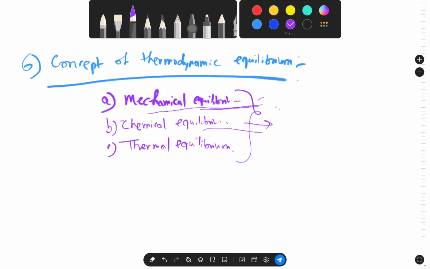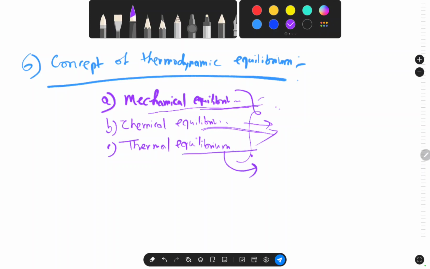In thermal equilibrium, the system exists in chemical and mechanical equilibrium and is surrounded by a diathermic wall. Diathermic walls are conductive in nature, and there is no change in the independent properties of the state registered, then the system exists in thermal equilibrium.